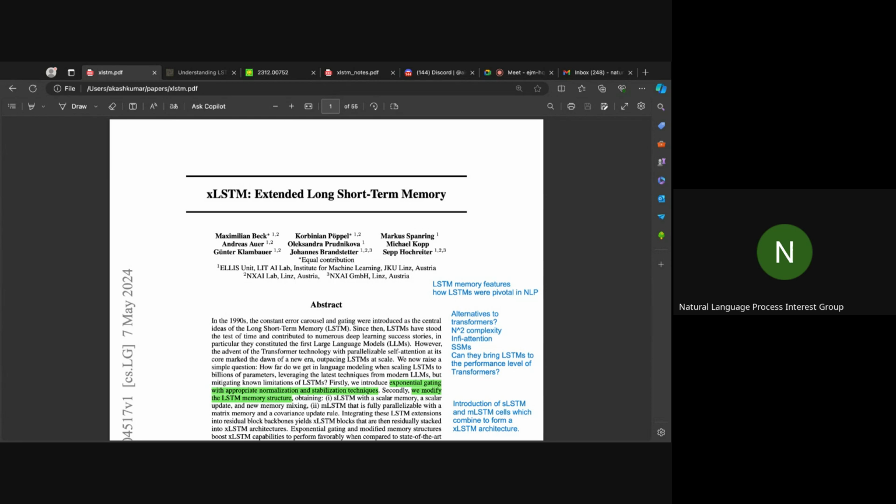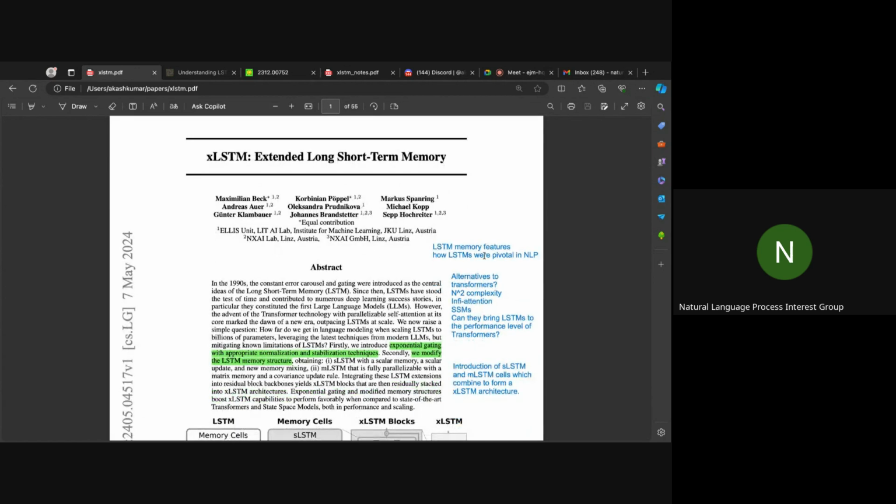So whenever the memory was used or updated, there was no interaction between the different scalar values present in the memory. That severely limited the amount of information or the kind of relations that could be saved in the LSTM architecture. And that is something the authors are trying to address in this paper also.